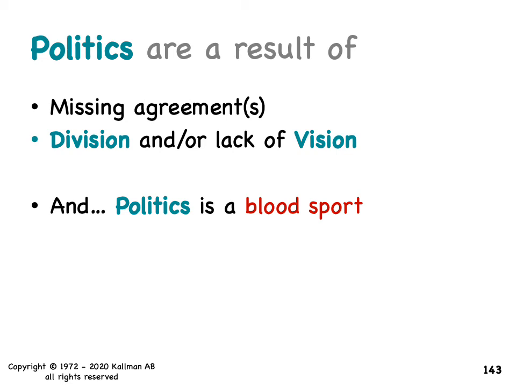They're a result of division or lack of vision or a fractured vision. The politics can erupt just because somebody has a hidden agenda, or maybe it's not hidden and it's just a personal agenda. So politics have a lot of reasons that they pop up, but primarily it's because somebody doesn't agree with the overall vision of what the organization is trying to do.